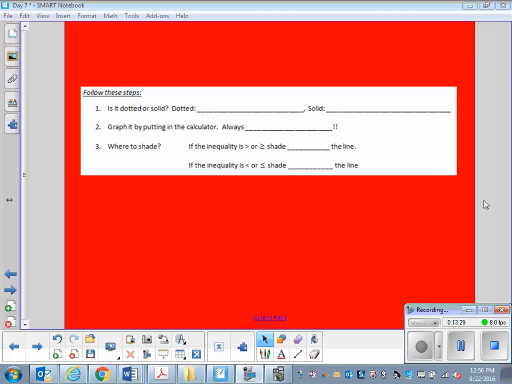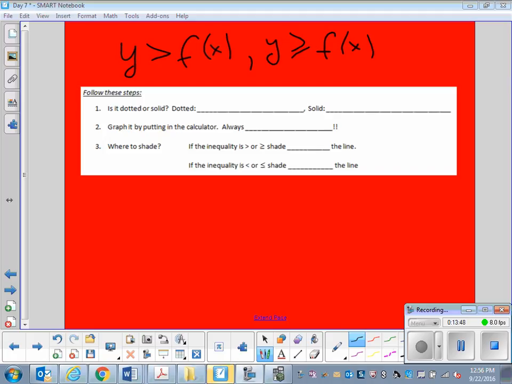So, if I want to create formal rules, whenever we need to graph an inequality like this, y is more than f of x, or y is more or equal f of x, or we can do the less than also, right?